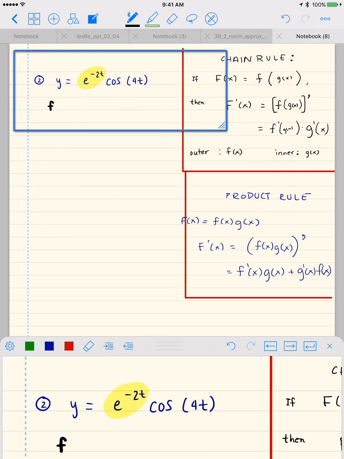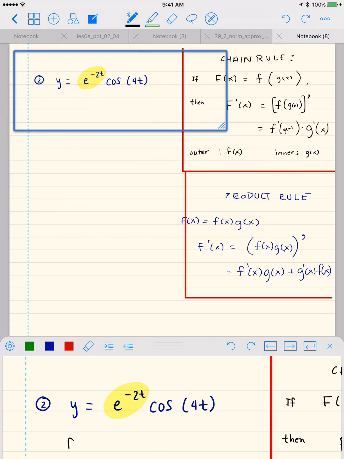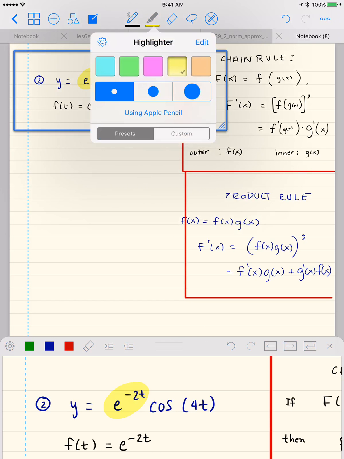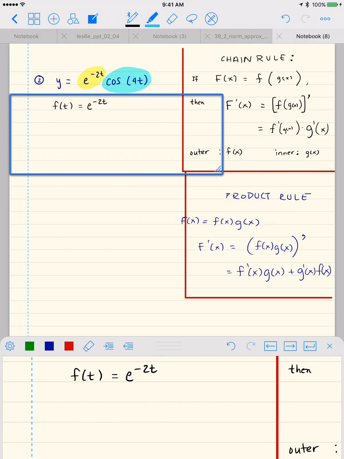Now notice, x is not our independent variable. Our independent variable here is t. So I'll just put f of t equals e to the negative 2t. And then g of t is going to be cosine of 4t. Okay. So g of t is equal to cosine of 4t.